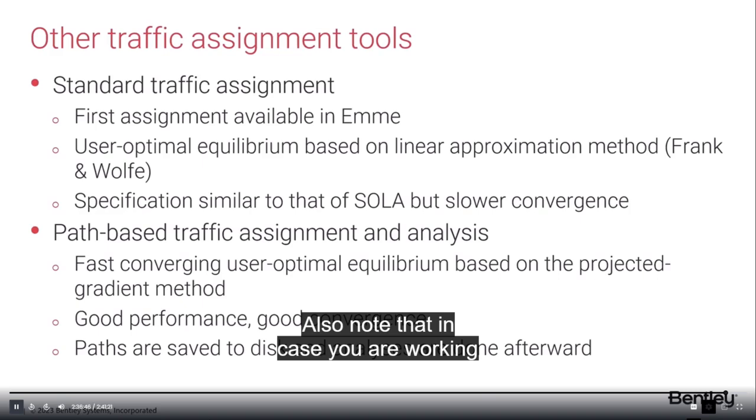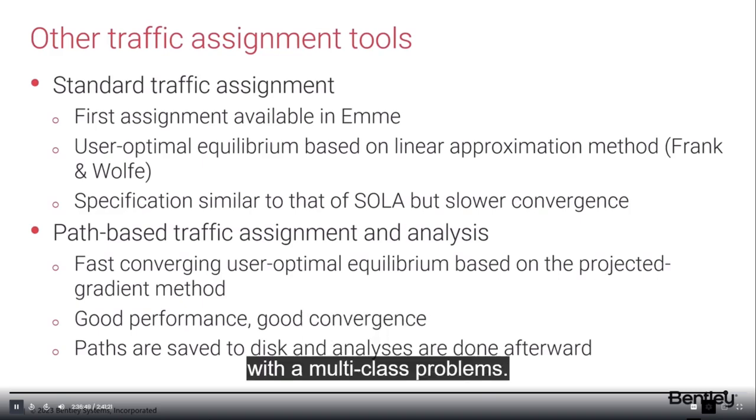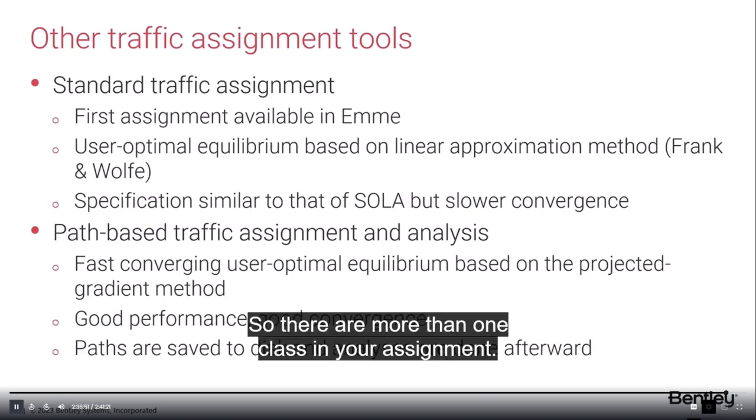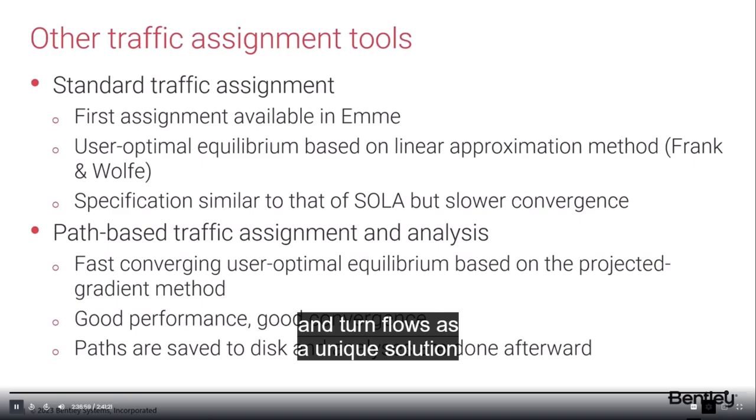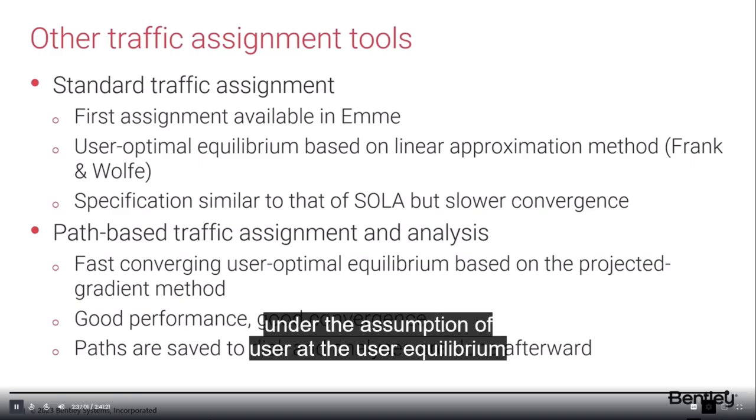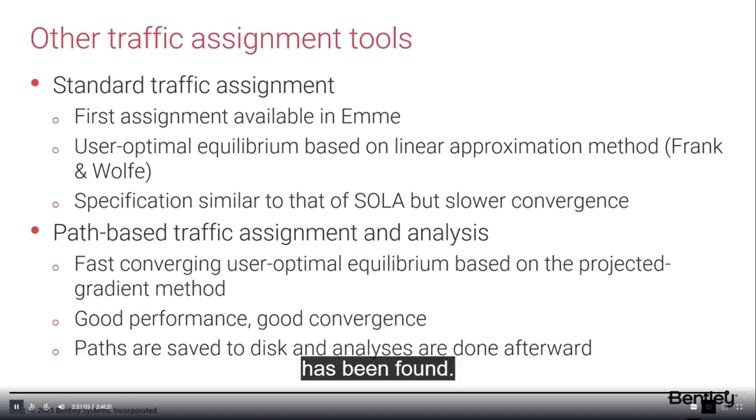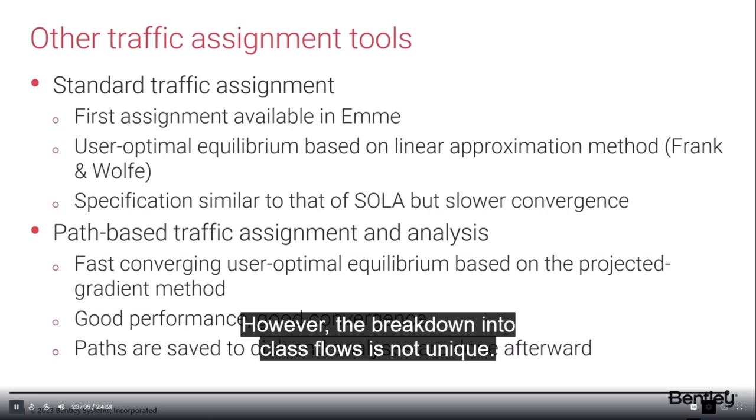Also note that in case you are working with a multi-class problem, so there is more than one class in your assignment, the path-based assignment will have total link and turn flows as a unique solution under the assumption that the user equilibrium has been found. However, the breakdown into class flows is not unique.